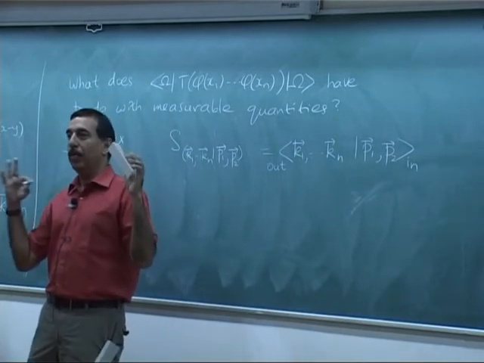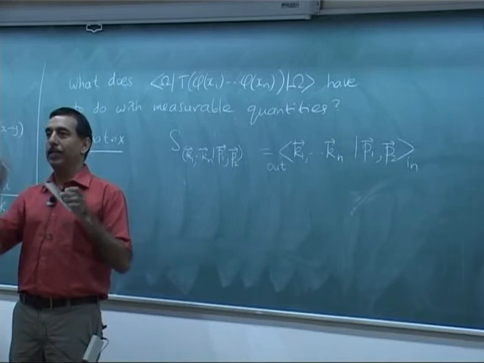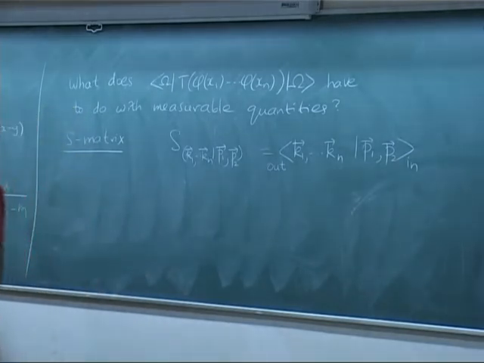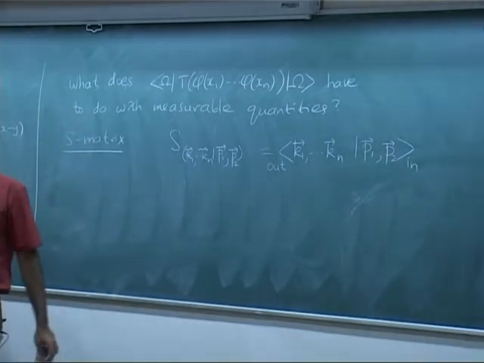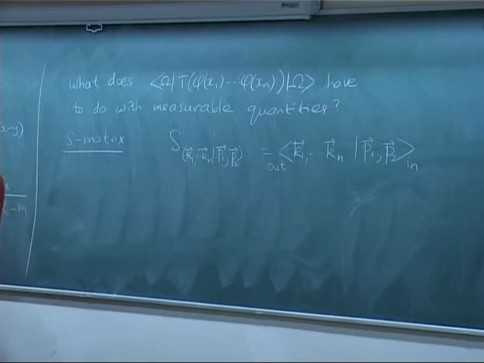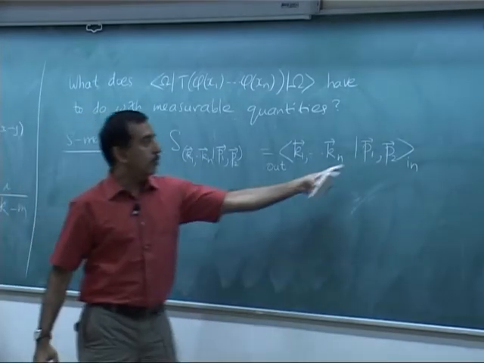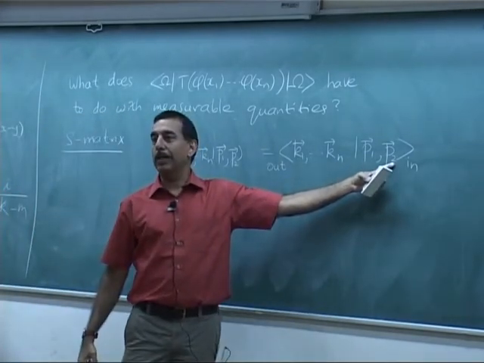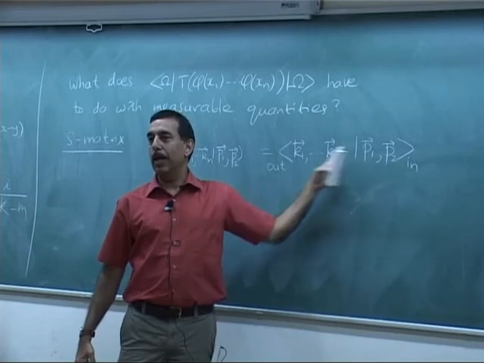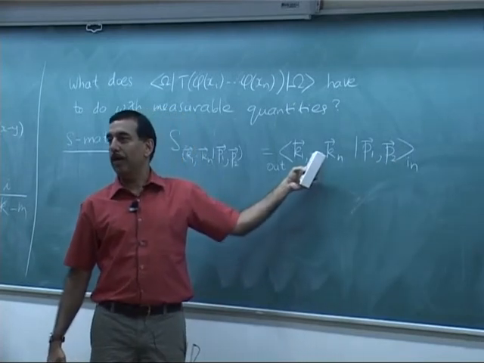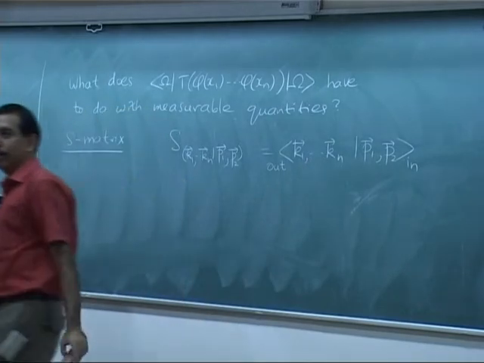That's why the overlap of omega had that exponential of interaction Hamiltonian. So you can say that exponential of interaction Hamiltonian evolves the incoming vacuum to the outgoing vacuum, and now we want to do something similar, except that what's incoming is not the vacuum but is a state containing two particles, and what's outgoing is also not the vacuum but a state containing particles. So here's the new thing.